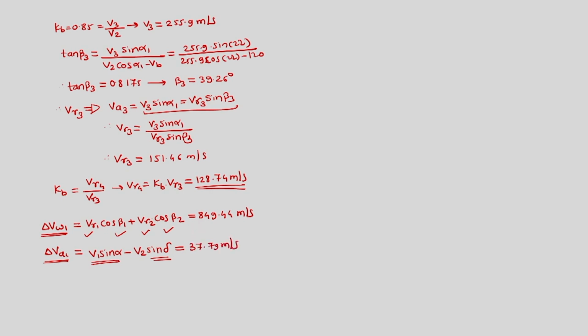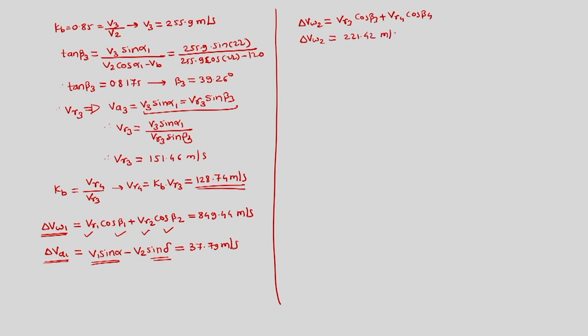37.79 meters per second. We will go for the second stage and find delta VW2, that is VR3 cos beta 3 plus VR4 cos beta 4, and this gives us delta VW2 as 221.42 meters per second. VR3 is found, VR4 is found, beta 3 is known, beta 4 is given.